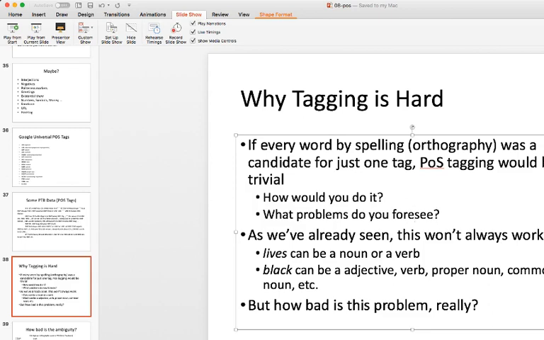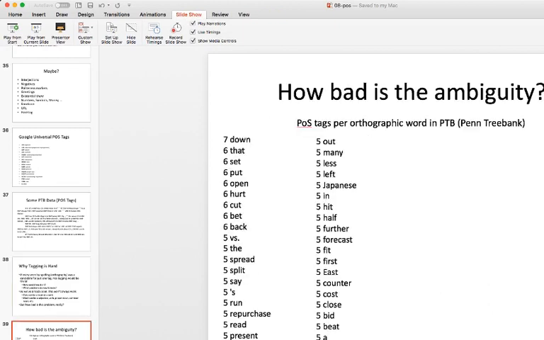And as we've seen, you have lives and lies, you have black, black, and black. How bad is this problem of ambiguity? Well, here are the words in the Penn Treebank that have the most ambiguous parts of speech. Down has 7, then set, put, open, hurt, cut, bet, back. All has 6, and so on.